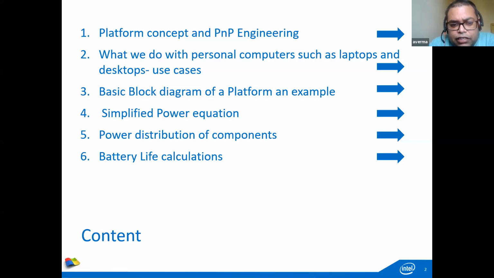Then we will briefly touch upon, once we talk about a use case and its power consumption, what is the distribution of this power into different components? So for example, if 100 milliwatts is being consumed for a specific use case, let's say browsing, how much will the different components of the platform be consuming out of that?